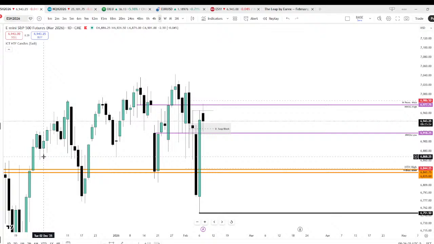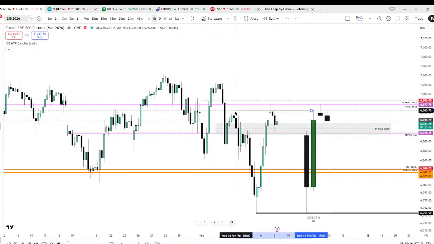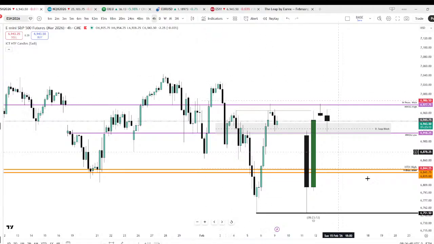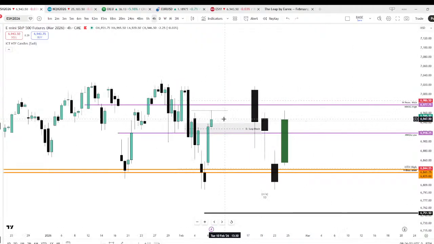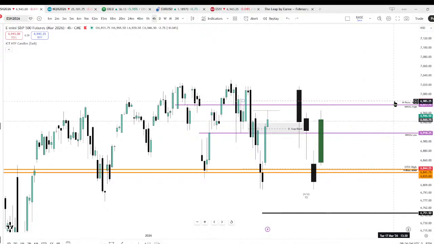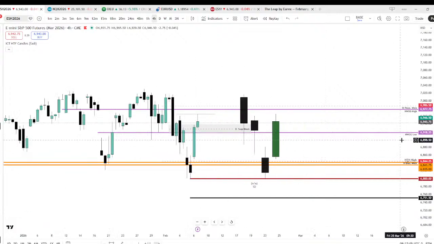Outside of that, I know that we have a lot of new day opening gaps up in this area. Let's go to regular trading hours. So there's our regular trading hours high.